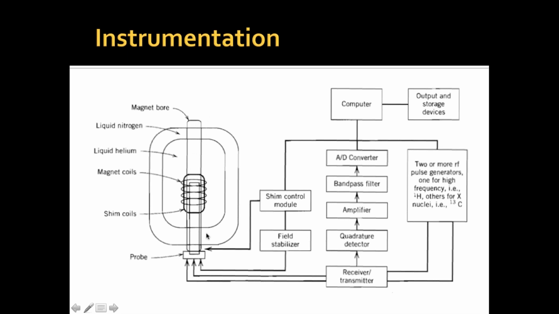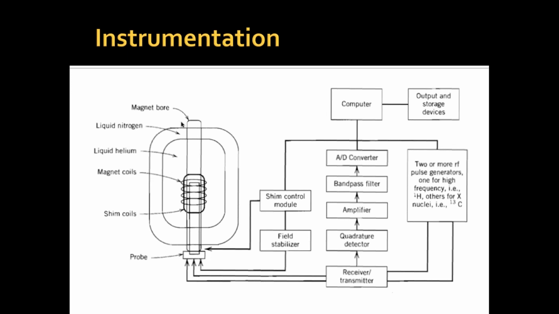You insert the sample in a glass tube, a special NMR glass tube, which is of particular width and diameter. That is the NMR tube you use for the NMR.